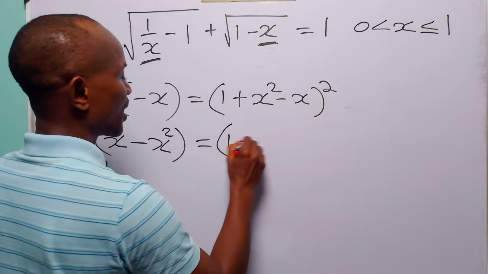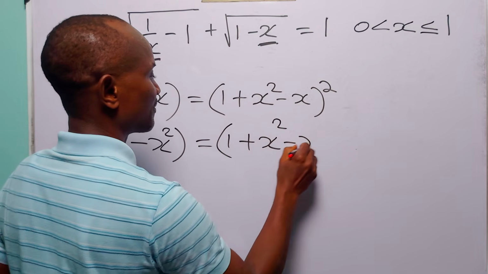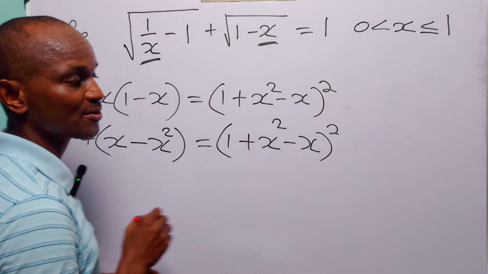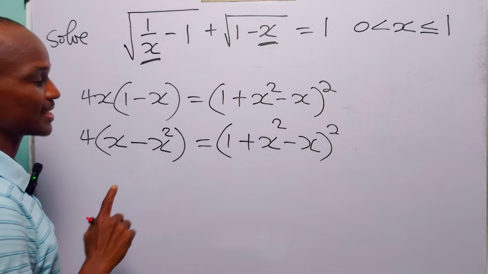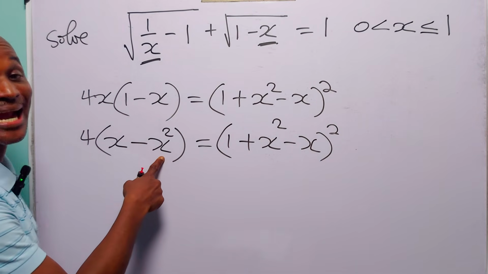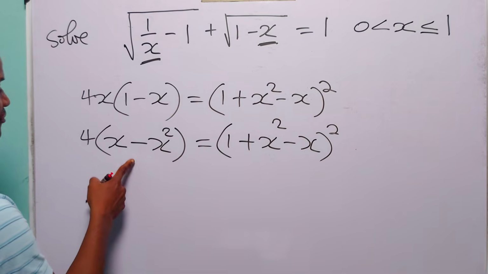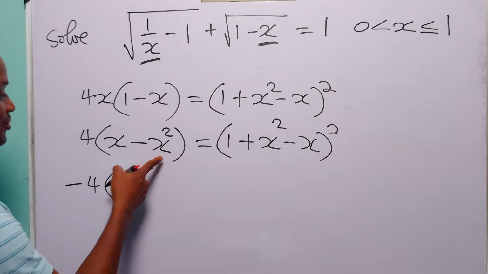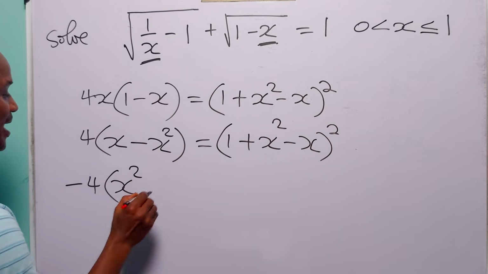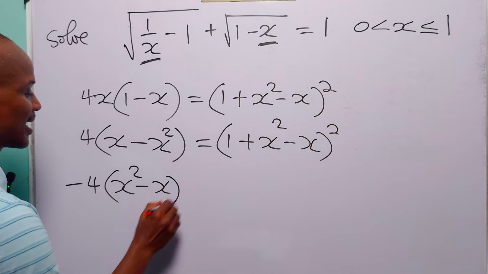This is equal to 1 plus x squared minus x all squared. Now notice that here we have x squared minus x, while here we have x minus x squared. But then remember that we can write this as minus 4 into x squared minus x.